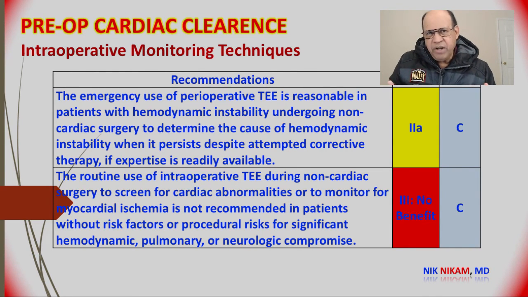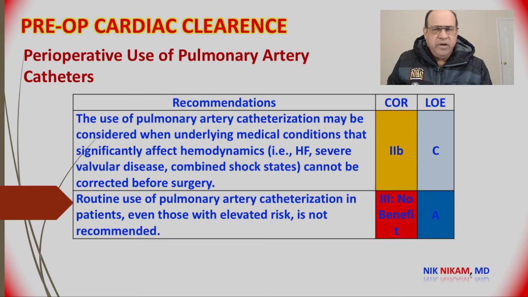Transesophageal echocardiography is nowadays routinely used in patients going for cardiovascular surgery. It may also be useful in patients who are undergoing major thoracic surgery, which will help us to determine the cause of hemodynamic instability and help direct our management in optimizing the hemodynamics during a major thoracic or abdominal surgery. Pulmonary artery catheter, or Swan-Ganz catheter, as it is called. It depends on the institution where you are trained.